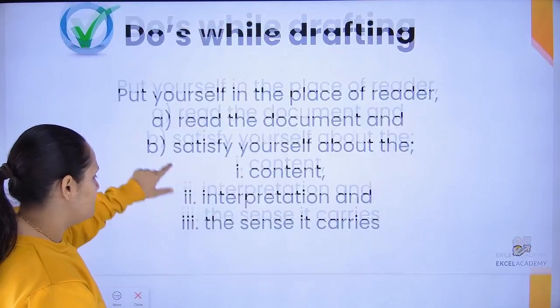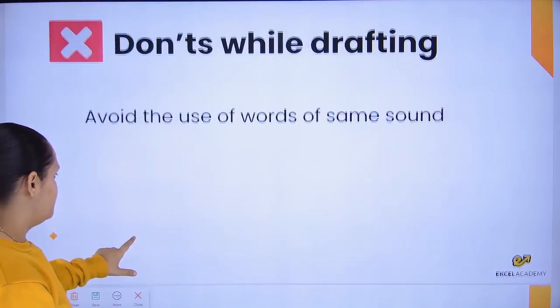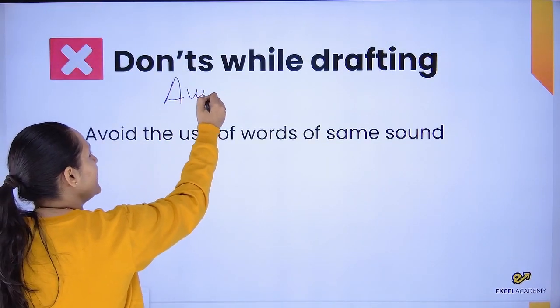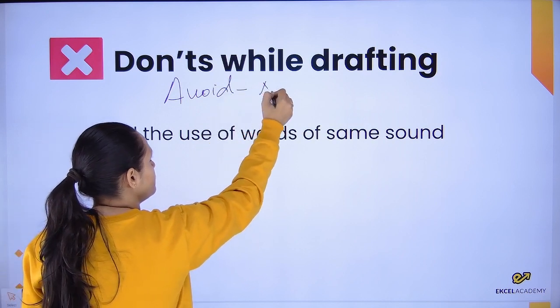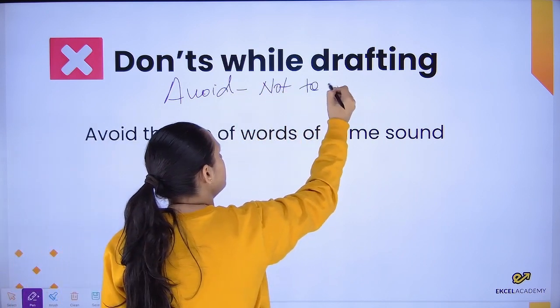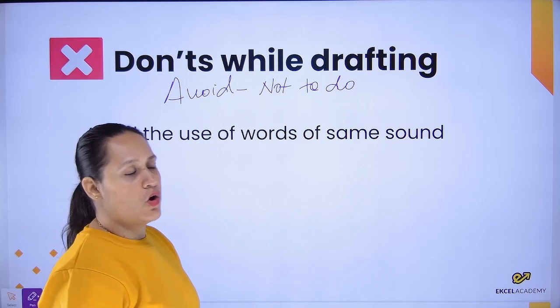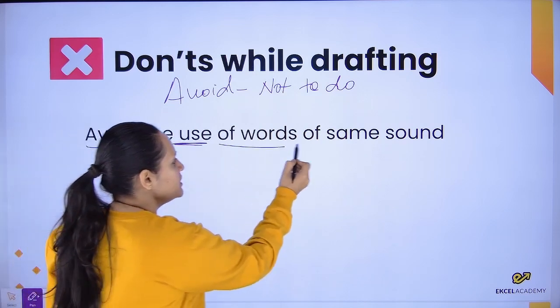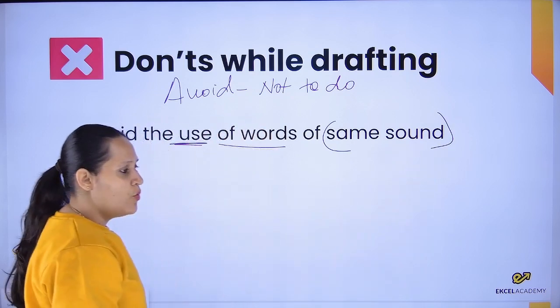Moving ahead, don'ts. What should you avoid? What you should try not to do while drafting any legal document? First and foremost, avoid the use of words of the same sound. What does this mean?